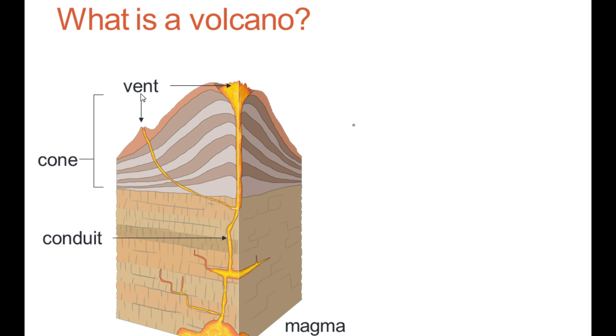A vent is the opening at the Earth's surface through which volcanic materials, and when we talk about volcanic materials, we're talking about three things: gas, rock, and lava. So the vent is the opening now where that gas, rock, and lava is allowed to get to the surface. You actually see a couple of them there at the top of the diagram.